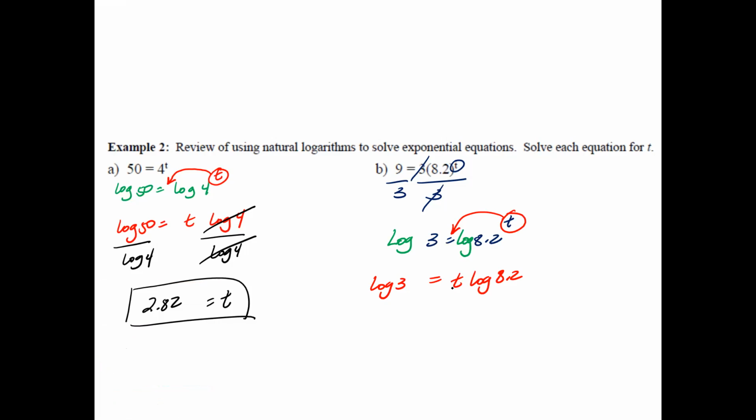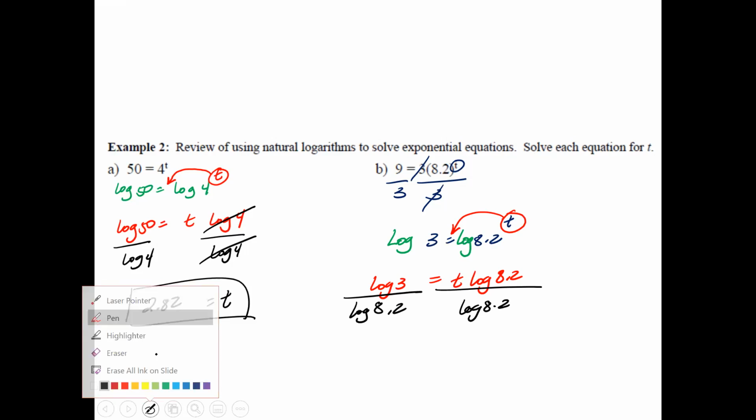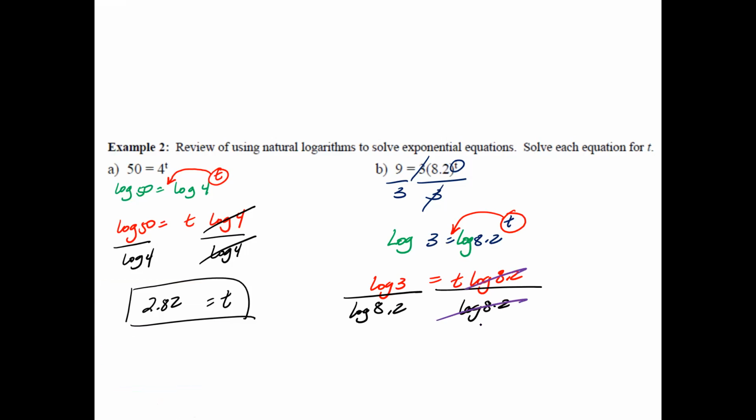And then you're going to get rid of this log. So you're going to divide it by log 8.2 on both sides. So then with your calculator, what is log 3 divided by log 8.2? You should get a 0.0522 as your answer.